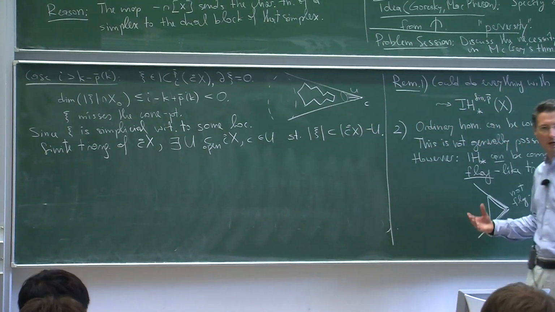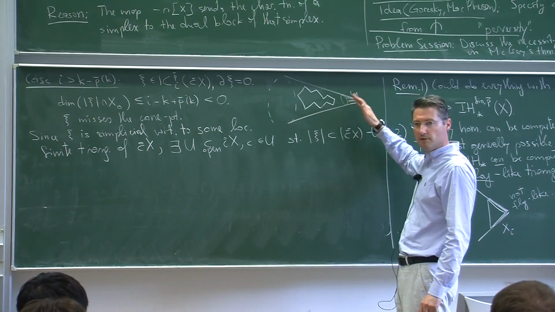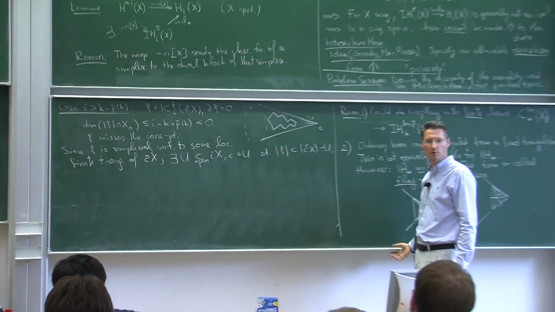So it really stays away. It cannot come arbitrarily close to the cone point even. It must stay a definite distance away from the cone point.